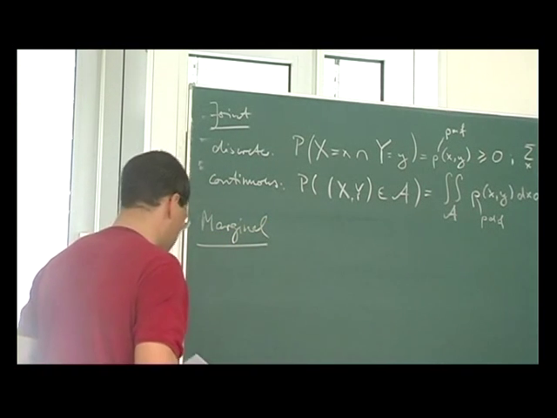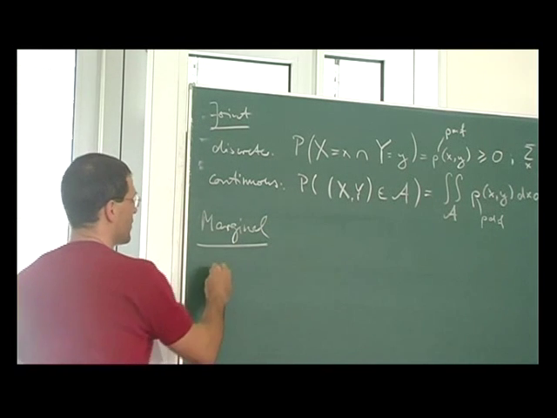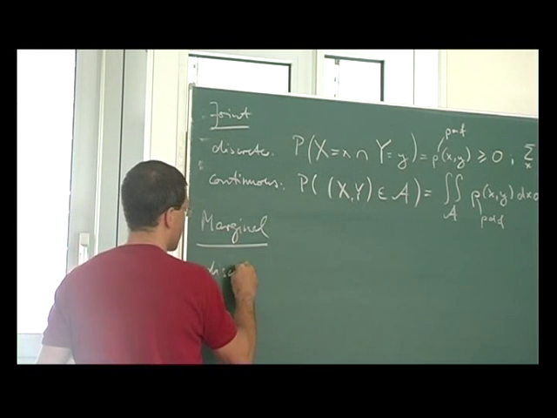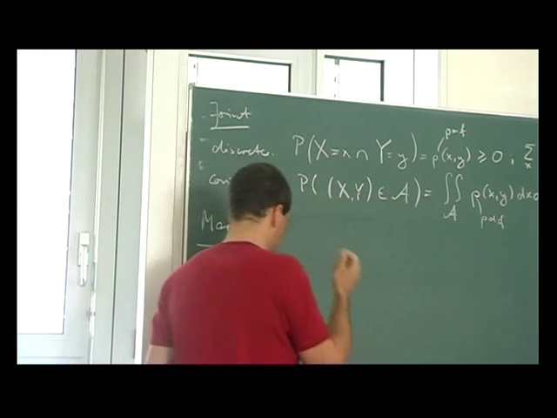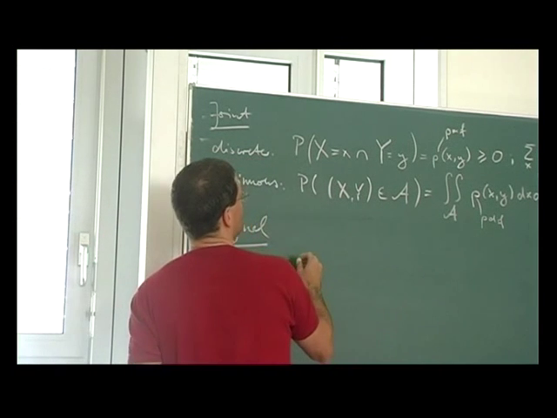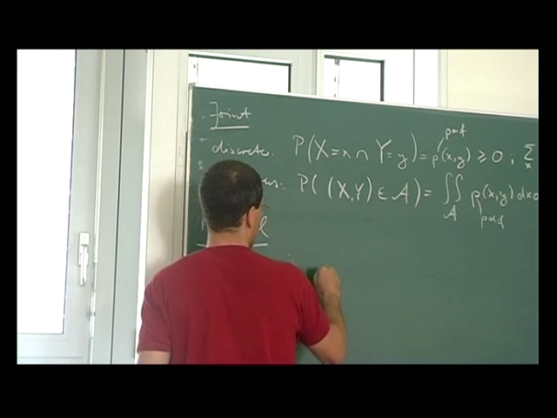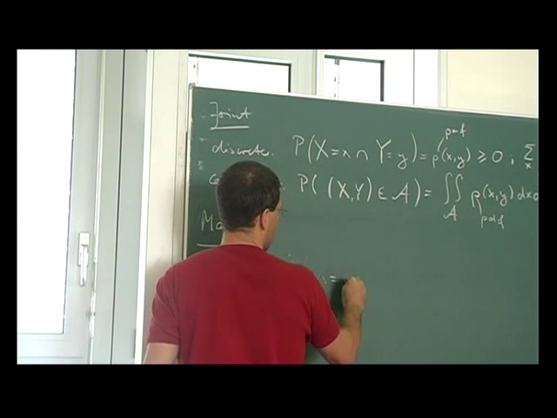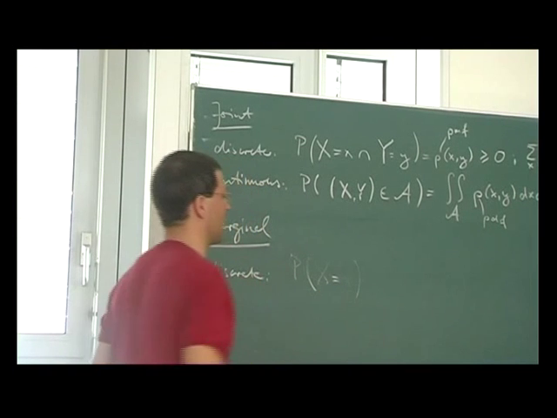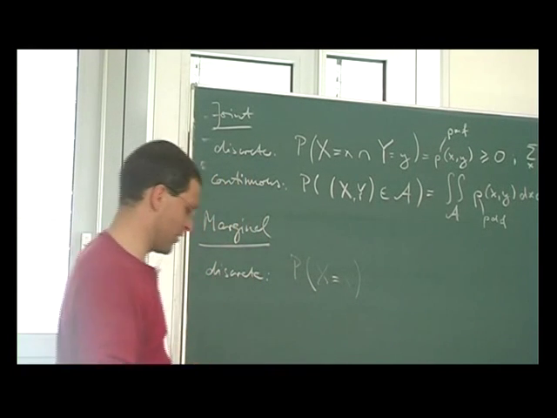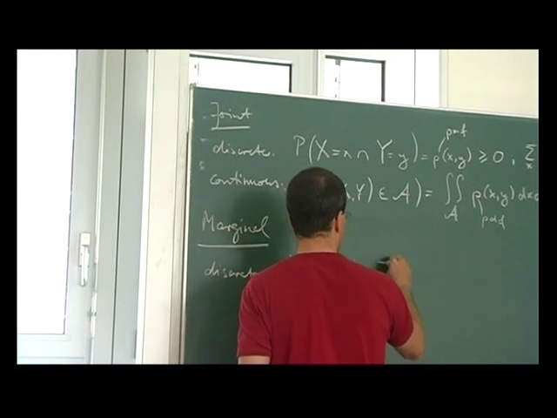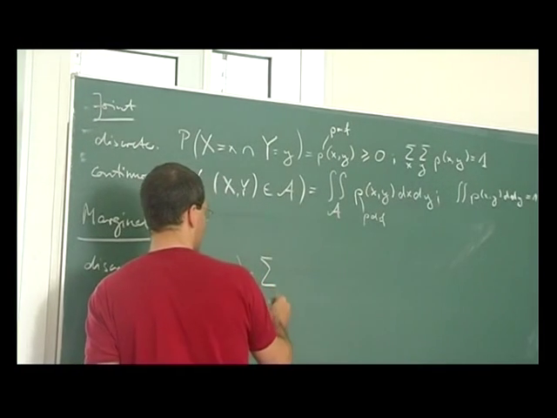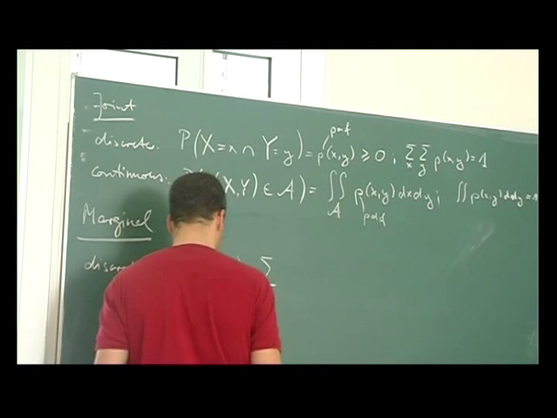Then we have the marginal distribution, again in the two cases, discrete and continuous. The probability that random variable x takes a value x irrespective of the values of y is given by summing out all the possible values of y.